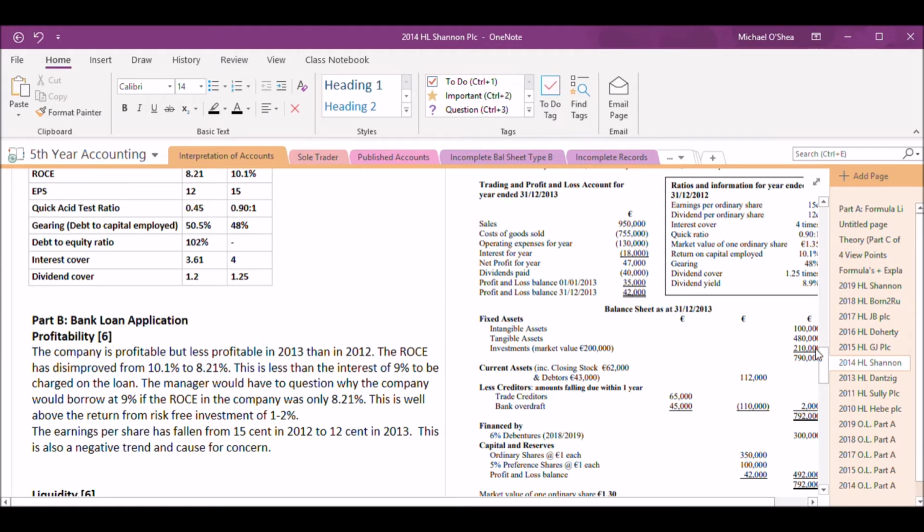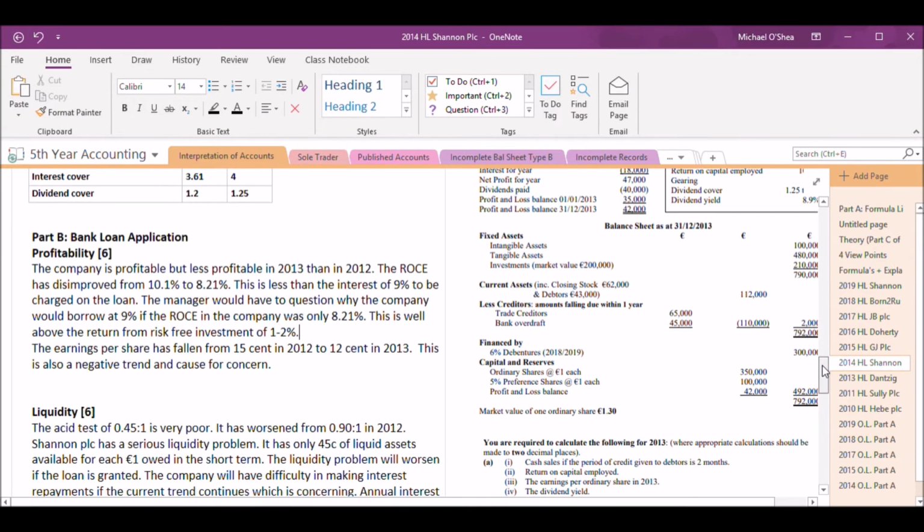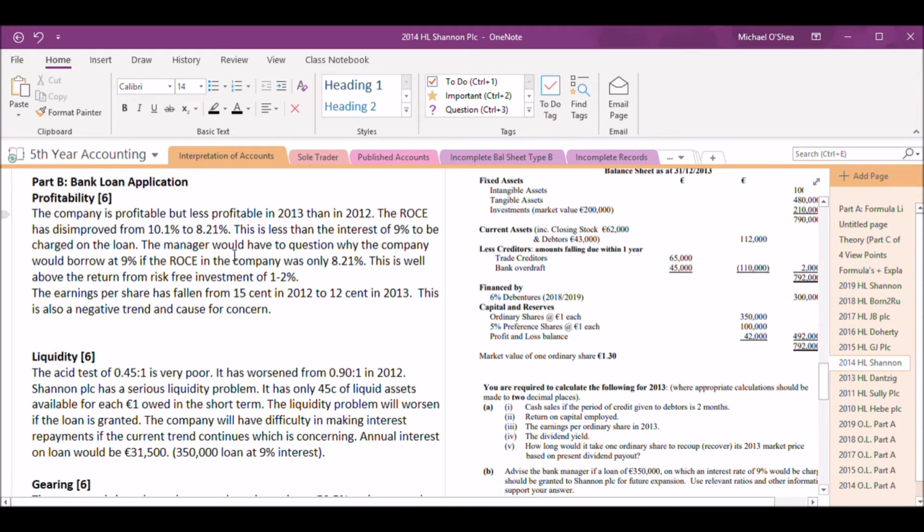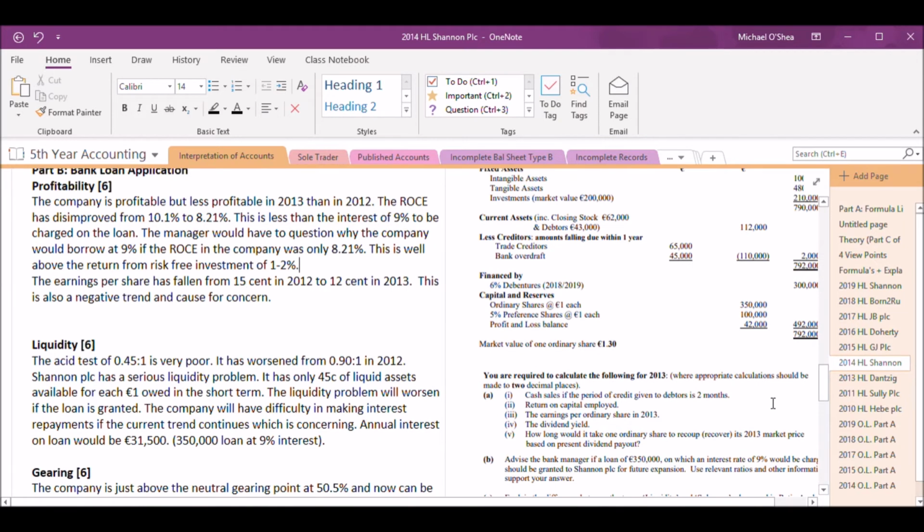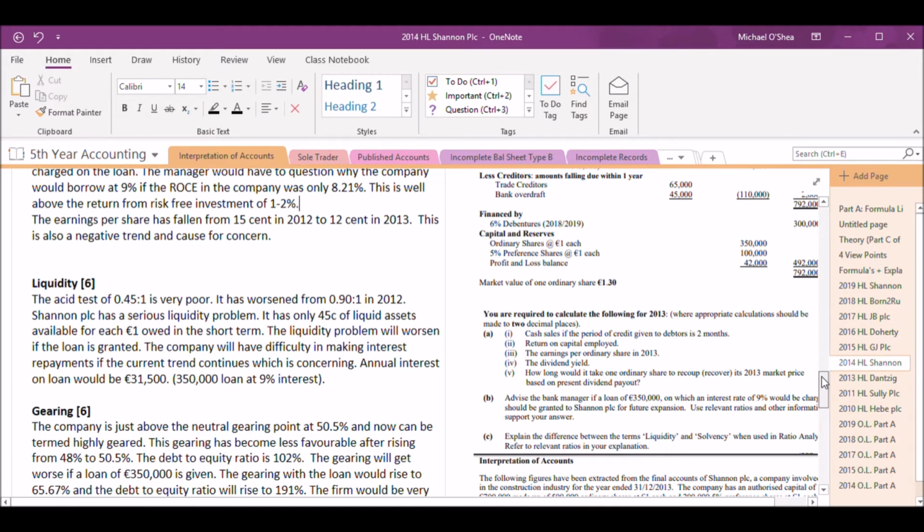It's such a low figure, but it still has to be taken into account. I mean, if you've a return on risk-free investment and then you go off and get a loan, you could look at adding these together and say that your ROCE should be a good bit above both 9% and maybe 1.5%, whatever the return would be. So the fact that it's so close to this is straight away a bad thing, and it's probably going to tell us how the company is doing straight away.